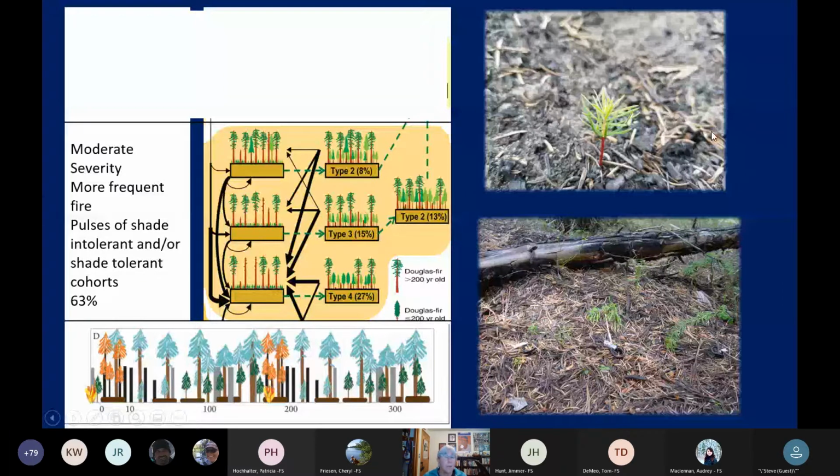And in other conditions where you did have those larger mortality patches where fire burned most of the litter and duff and you were left with mineral soil, that would favor a Douglas fir cohort to develop. And there were no topographic affinities to this suite of stand types. So it was somewhat random in nature somewhere on the slope.